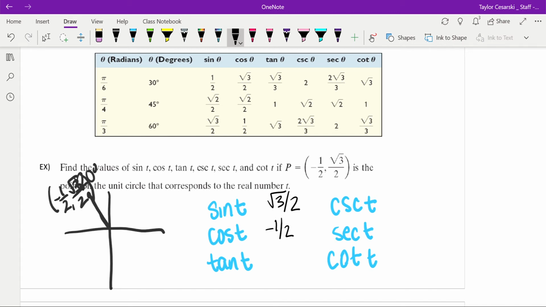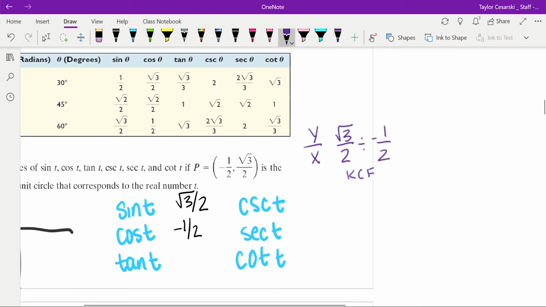Now tangent, we're going to have to do a little bit of algebra here because that's sine divided by cosine, or y divided by x. So square root of 3 over 2 divided by negative 1/2. So what I'm going to go ahead and do is I'm going to do keep, change, flip.